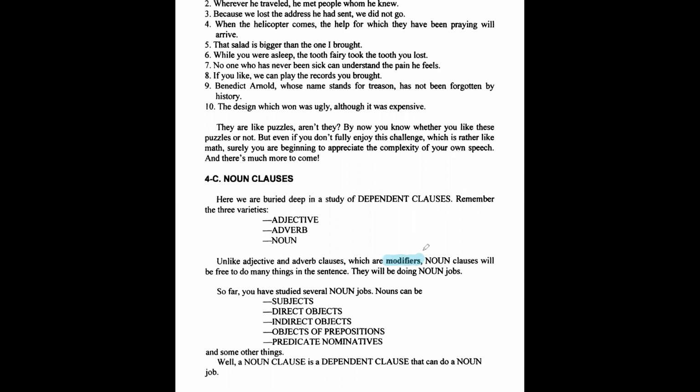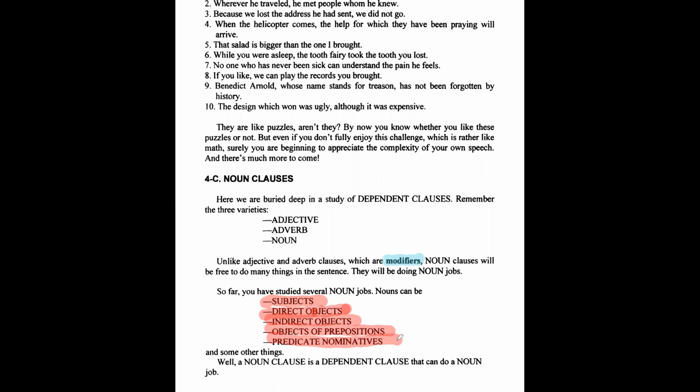Here, noun clauses aren't modifiers. Noun clauses will be free to do many things in the sentence because they take noun jobs. And you know some noun jobs. Here's the list. I just mentioned some. Subjects, direct objects, indirect objects, objects of prepositions, predicate nominatives. Okay? So now you know any one of these, you're going to be able to put a noun clause.